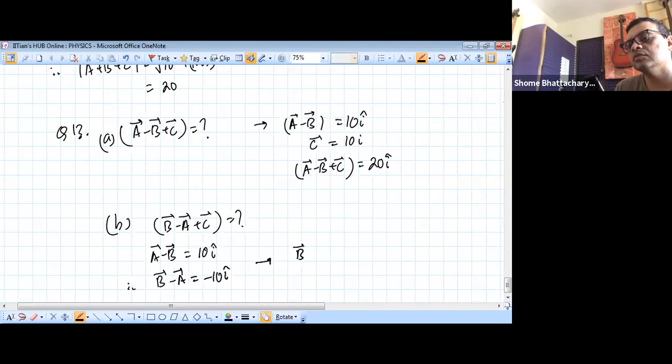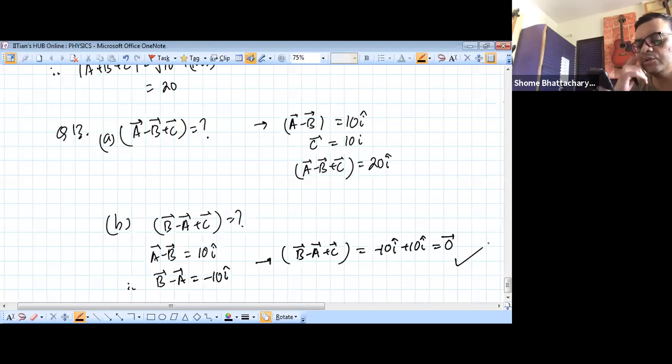Therefore, adding C, that is a null vector. So that becomes the correct option. So that is your question number 13.